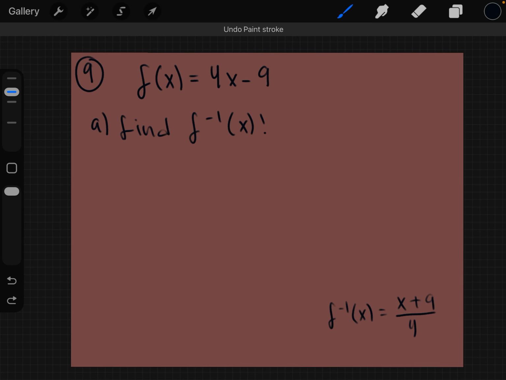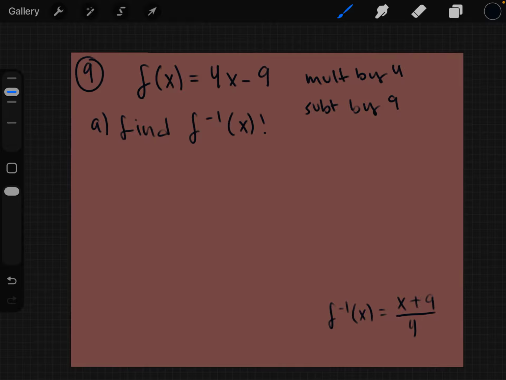Like if it was a fraction, this wouldn't work, but because it's just like this, it'll be really easy to do this. So this, when you look at it, it is multiplied by 4 and then subtracted by 9.